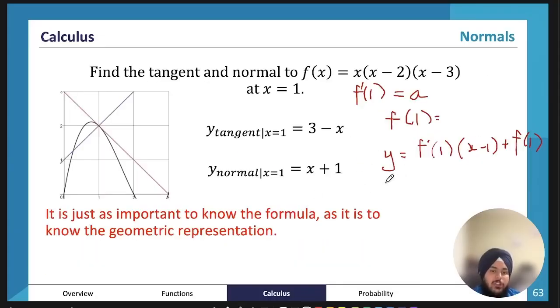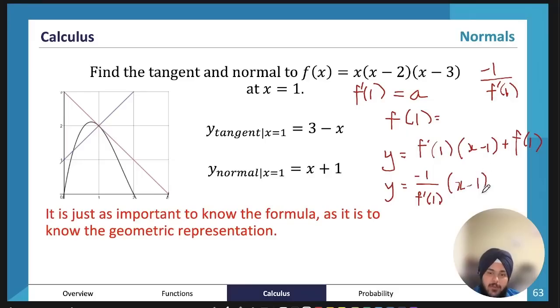And the normal will essentially just be the perpendicular gradient. Remember, the perpendicular gradient is just the negative reciprocal of the tangent gradient. So therefore, the line is going to be negative 1 over f dash of 1. I haven't found the values here, but you can go ahead and find these values and find out what they're actually going to be.